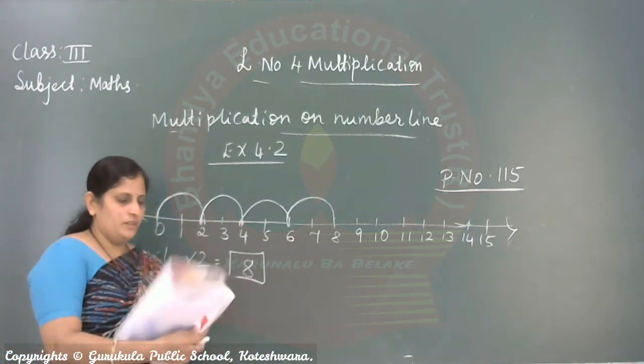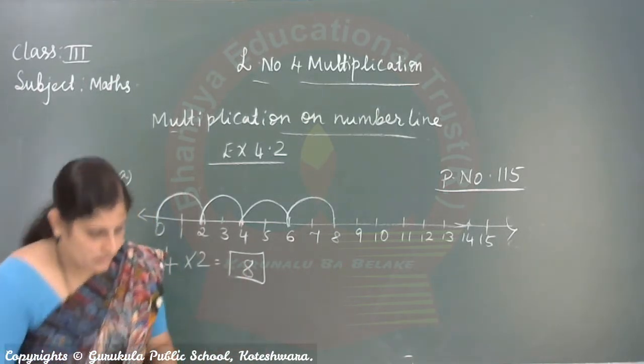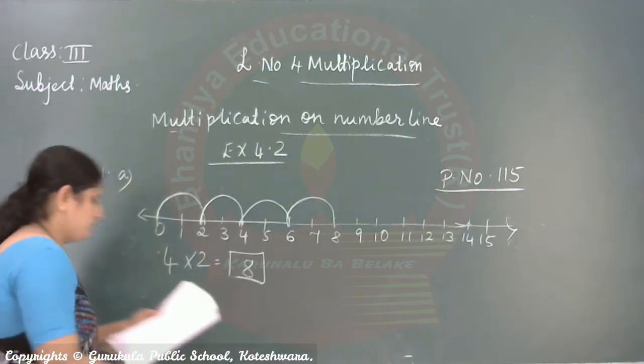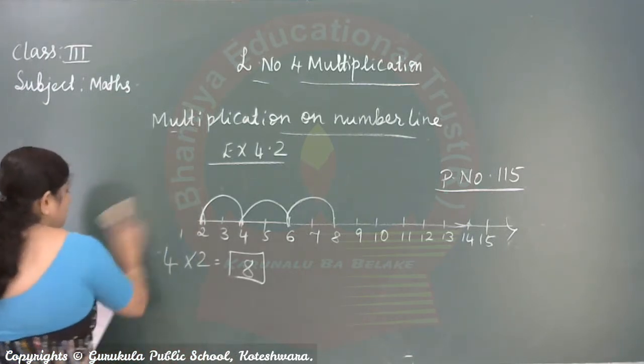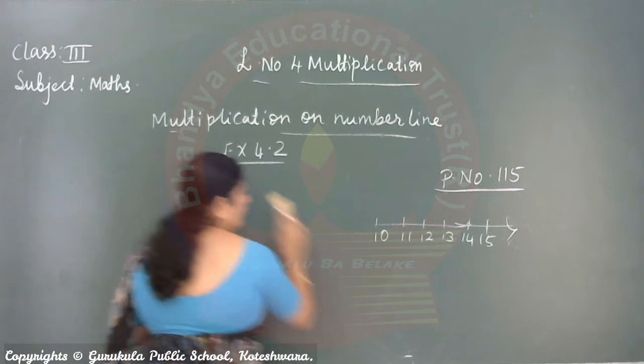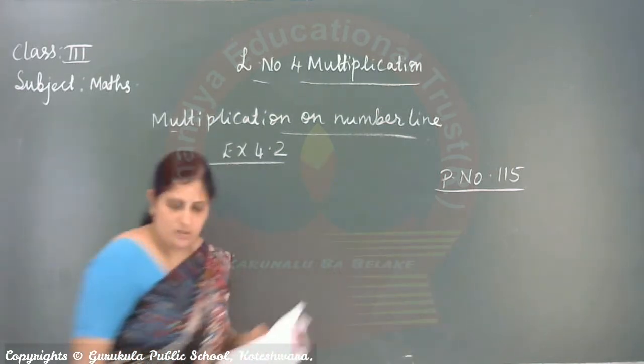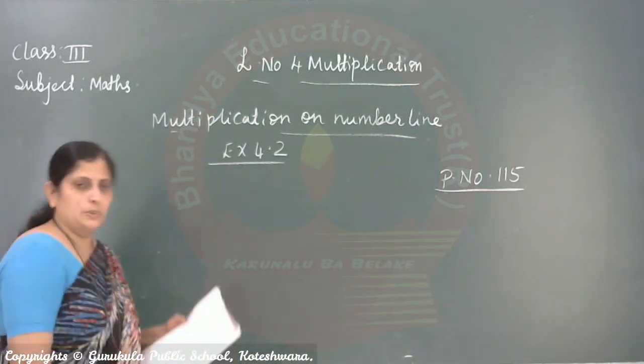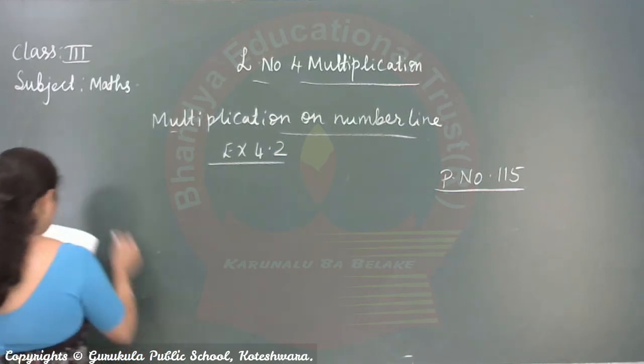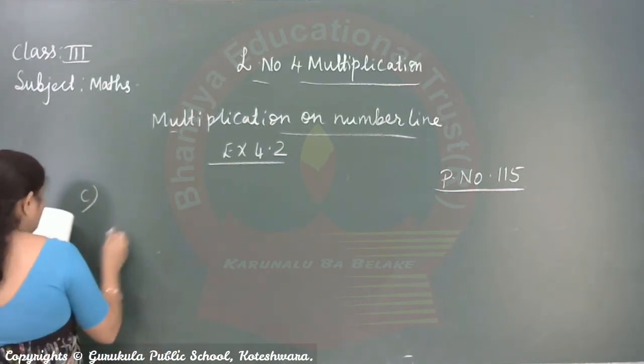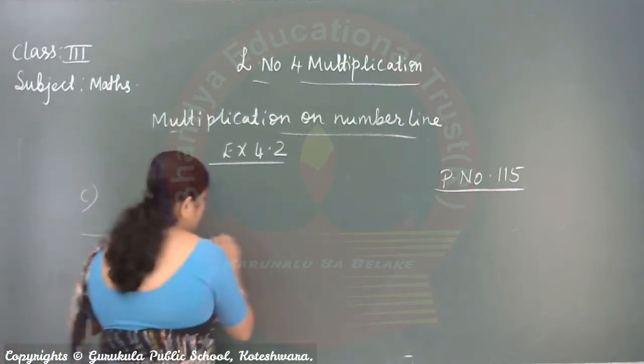Now next one. Next we can go through the C question now. A I have done, B how to do. Now I am going to the C question of this exercise.